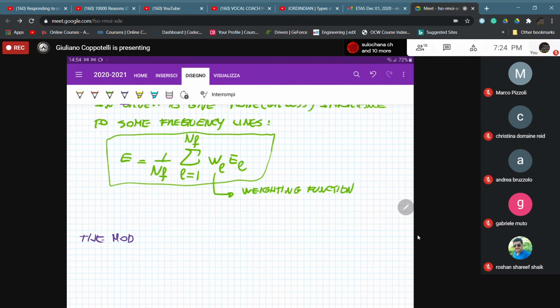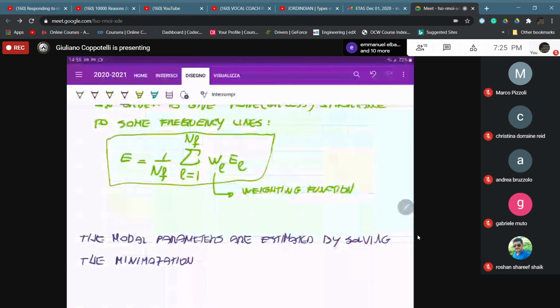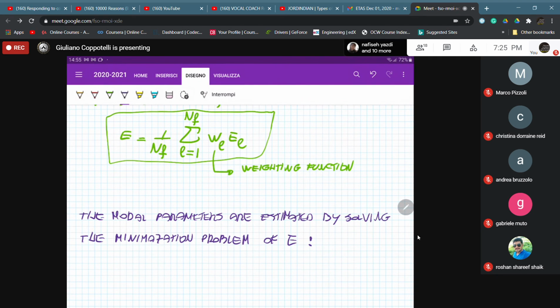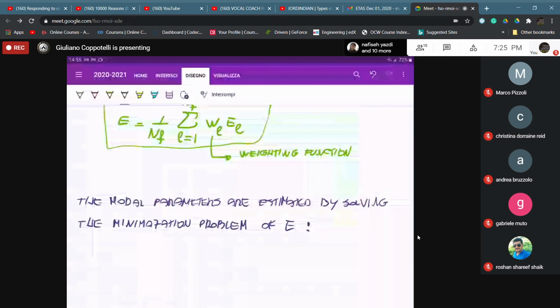So all the unknowns, your model parameters, are estimated by solving the minimization problem of E. You would like to have your error at minimum, 0 if possible, and that is done by solving this equation.